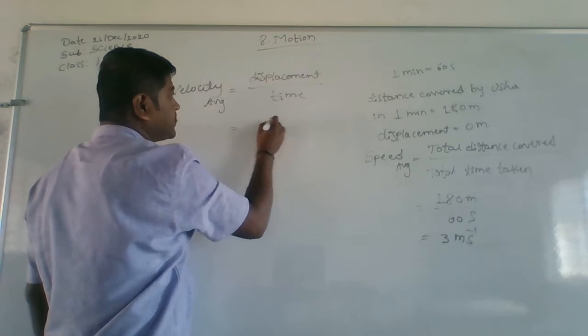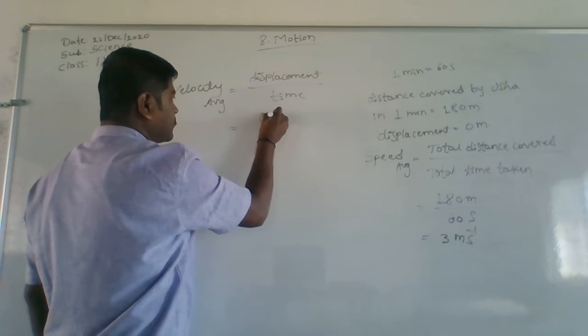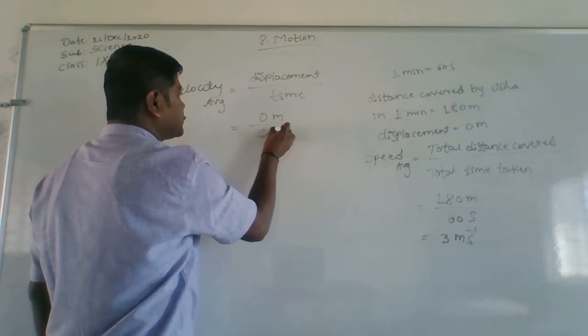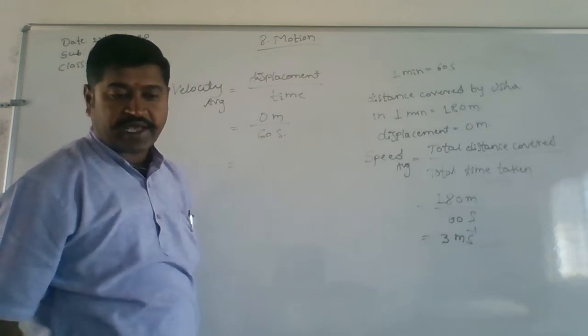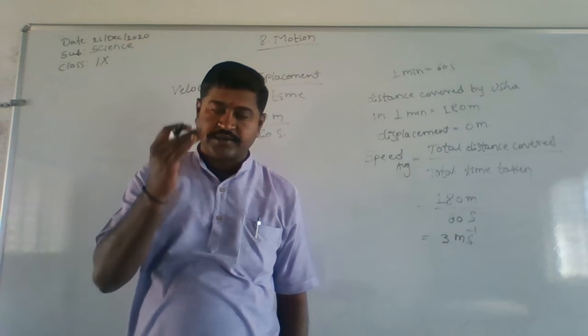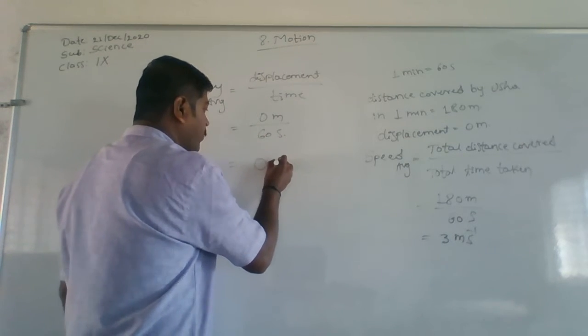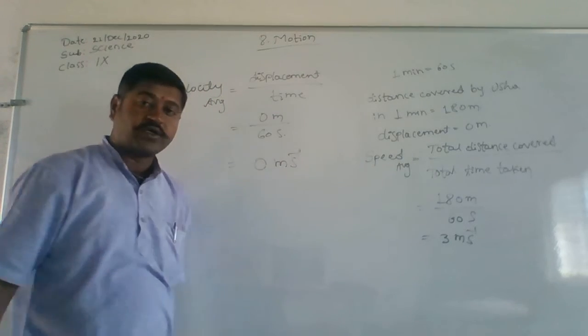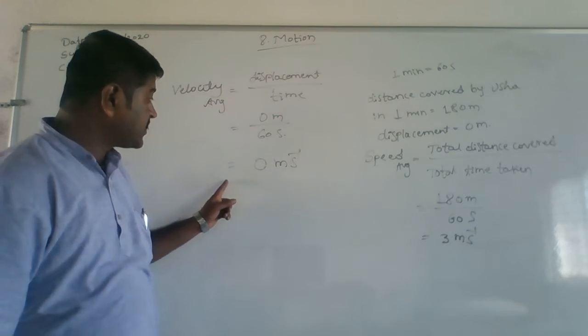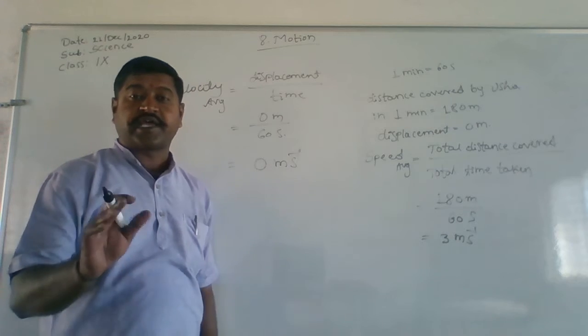So what is the displacement? It is 0 meter and time 60 seconds. So 0 by anything is going to be 0, right? So here the average velocity is 0 meter per second.